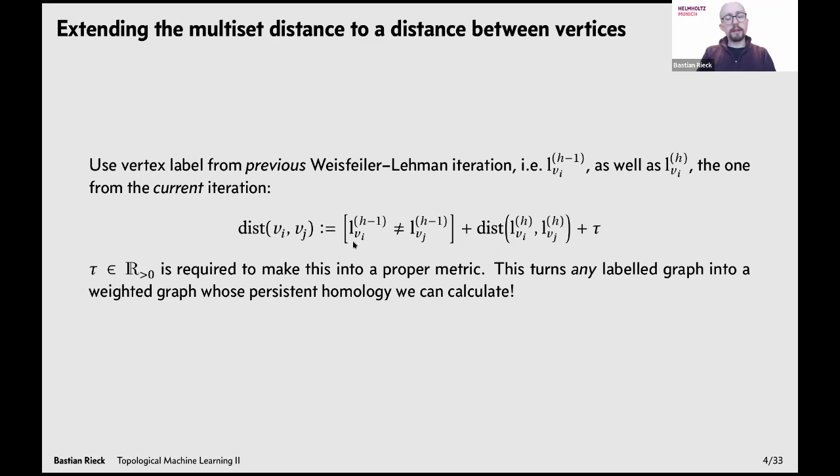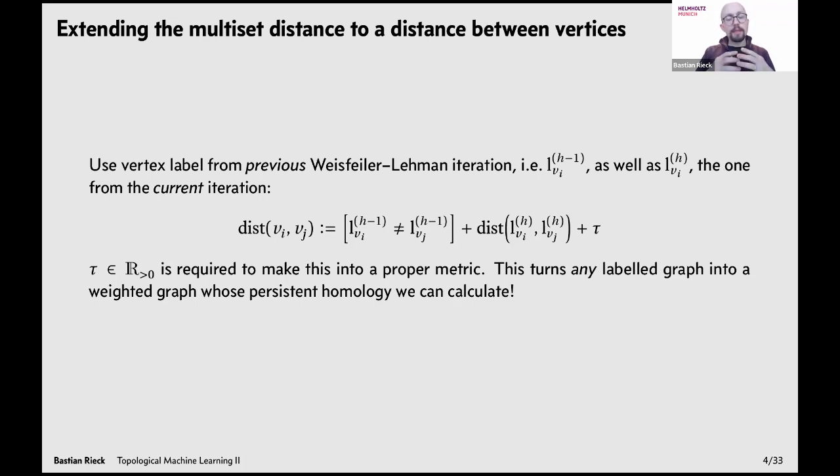So the first part of that distance function is a so-called Iverson bracket, so that just basically amounts to 1 if this expression is true, right? And then we have our original multiset distance between the labels in the current steps, and then we have some kind of error term tau, which is a little bit inelegant, but it's unfortunately required to turn this into a proper metric on the graph.